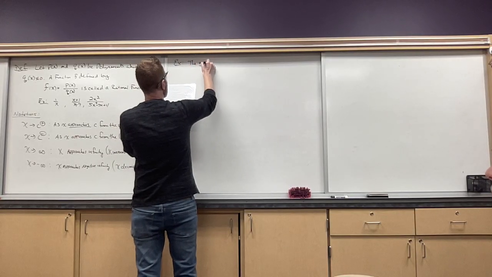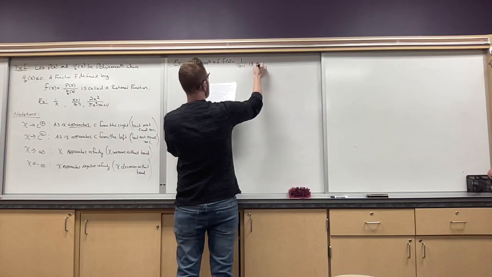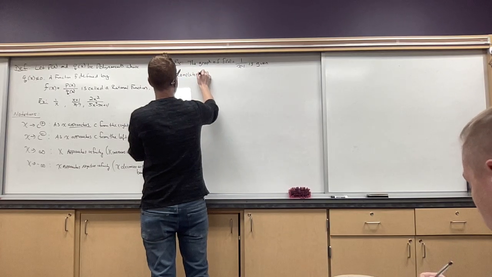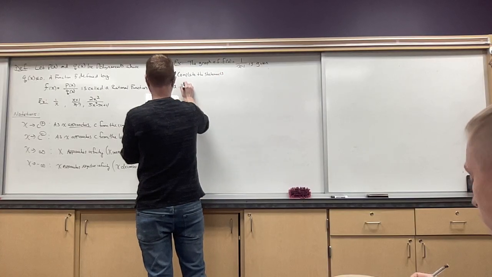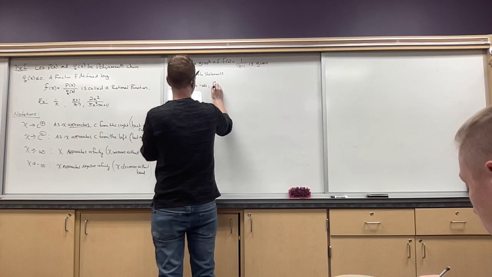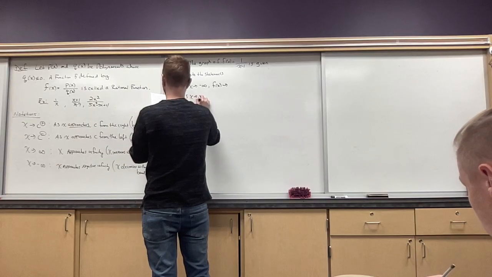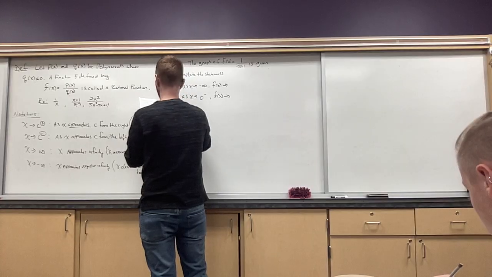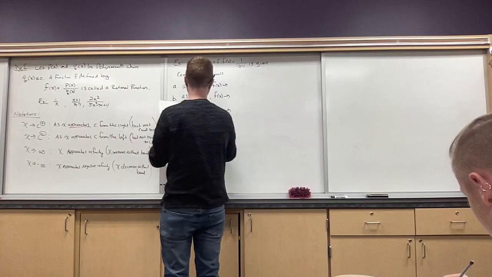So I have here the graph of f of x equals 1 over x minus 1 is given. Complete the statements. So as x approaches negative infinity, what does f of x go to? x goes to 0 from the left side, what's f of x go to? As x approaches 0 from the right side, what does f of x go to?